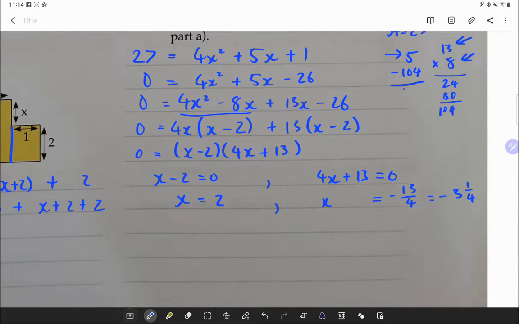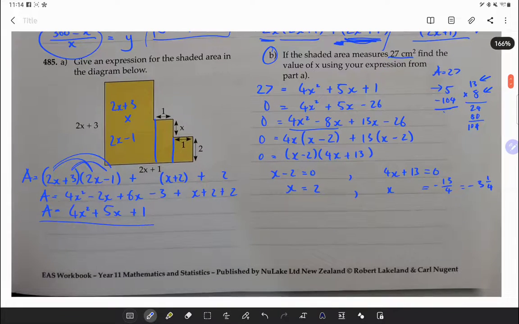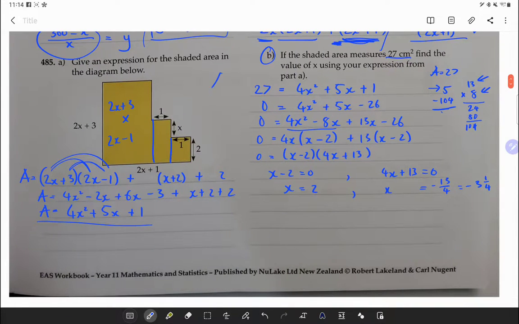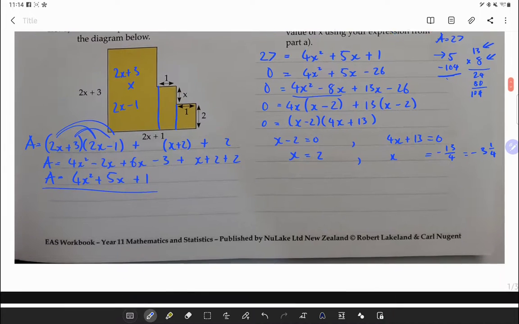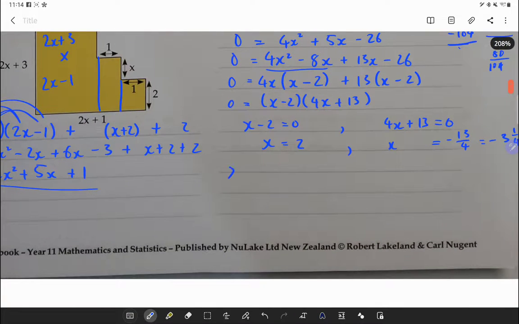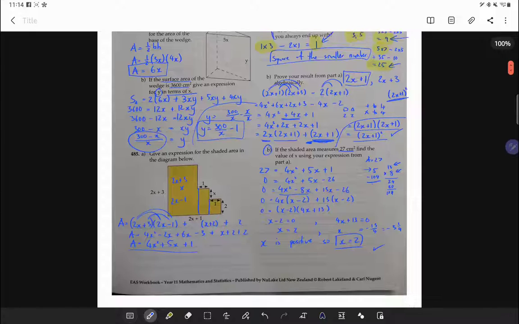But are they both the answer in our case? Looking at this diagram here, we know that x is going to be a physical value like that. So I don't think it'll be a negative number. All right, so x is positive, so x equals 2. Pow, we've solved for x.